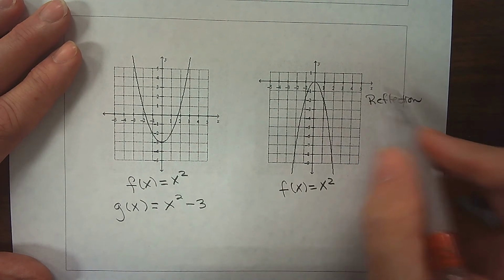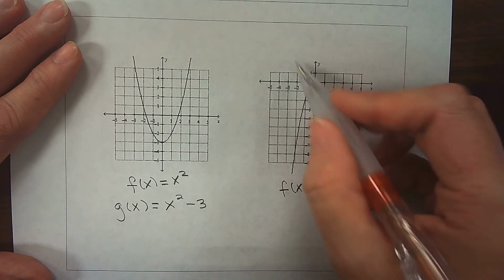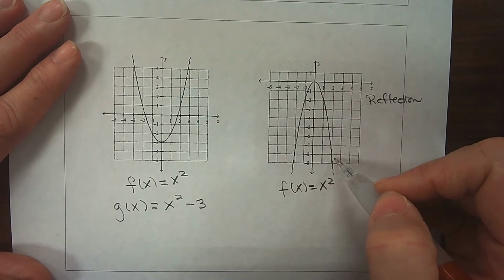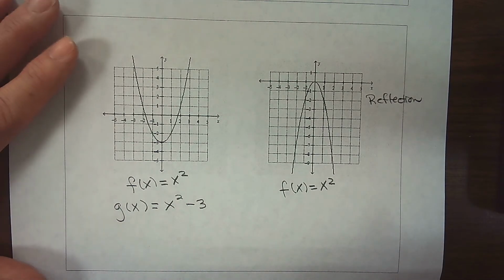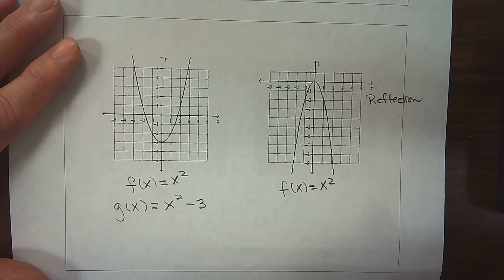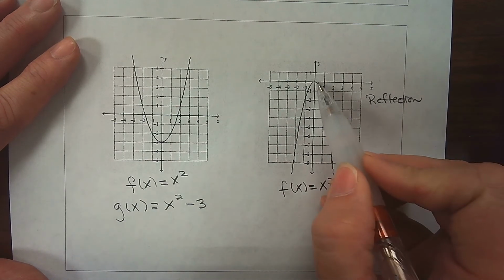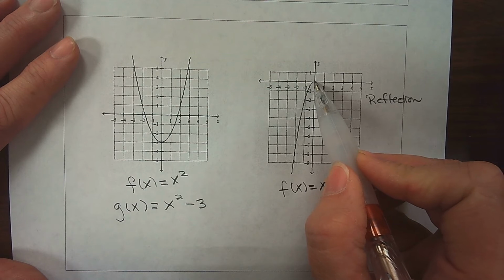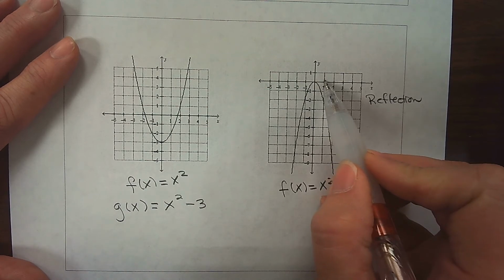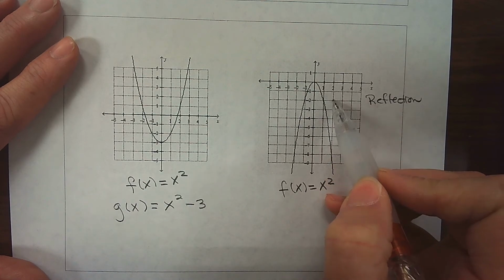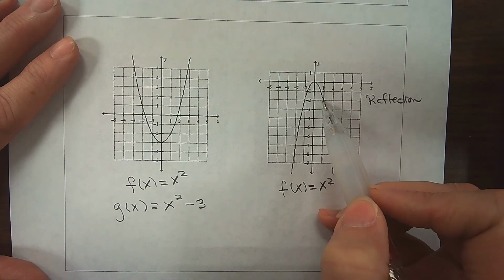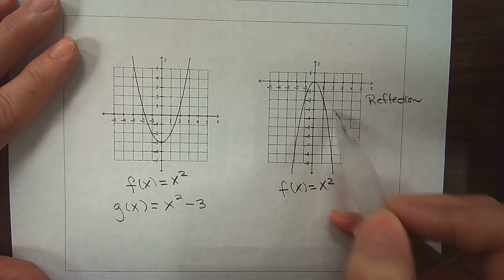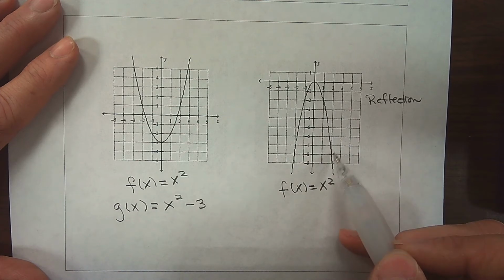And the reflection is representative of something that was reflected through the x-axis. So that means I need the opposite y, or the opposite of the whole function. All right, but in addition to that, I also noticed that from the vertex, I'm not using my normal pattern. It's not over 1, down 1, over 1, down 3. I'm actually traveling over 1, down 2, over 1, down 1, 2, 3, 4, 5, 6.